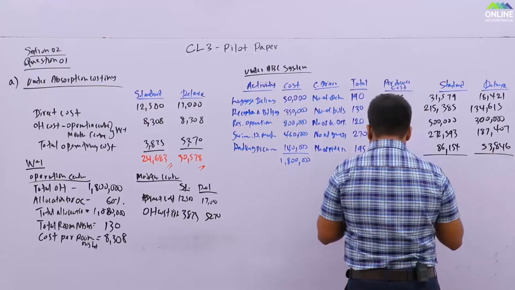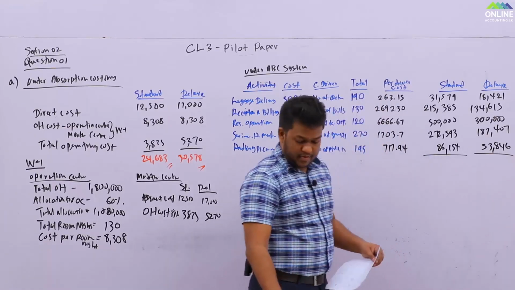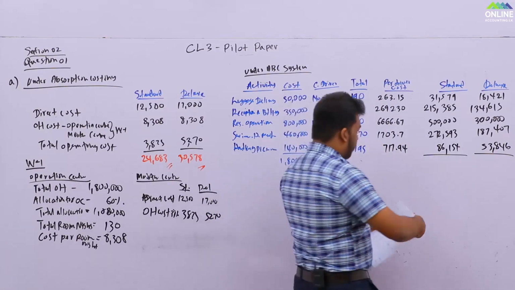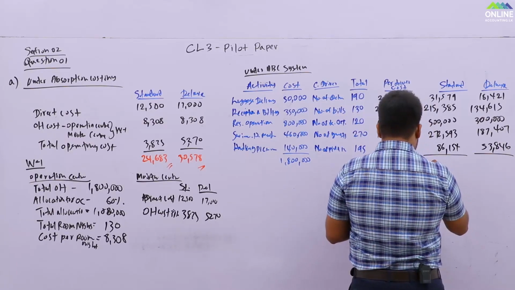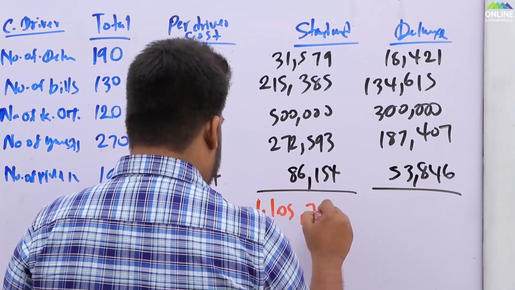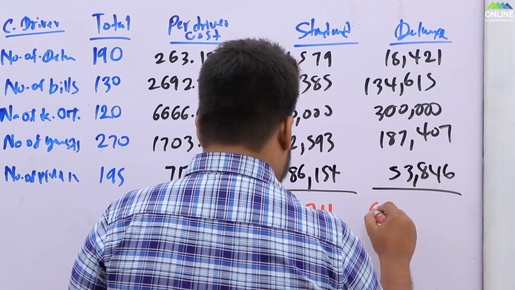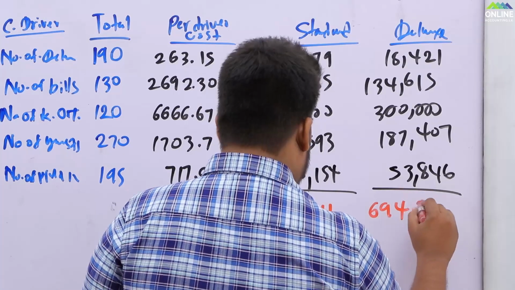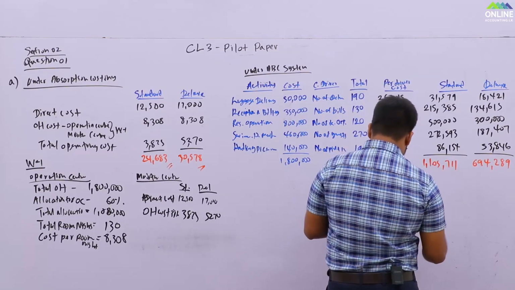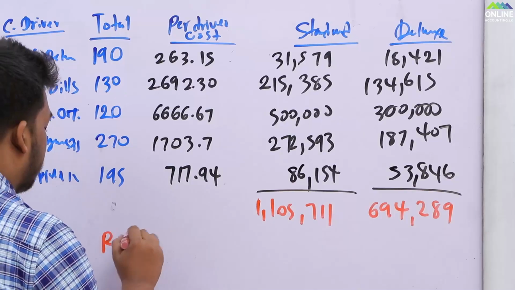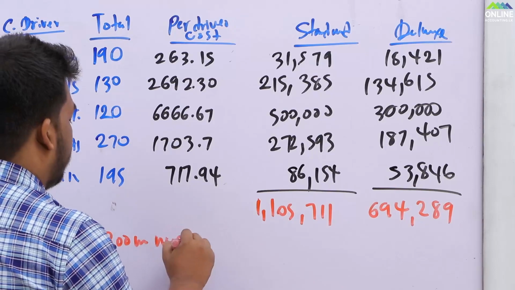So when you get the total, it would be 1,105,711. And here 694,289. So the room nights, how many room nights are you having?